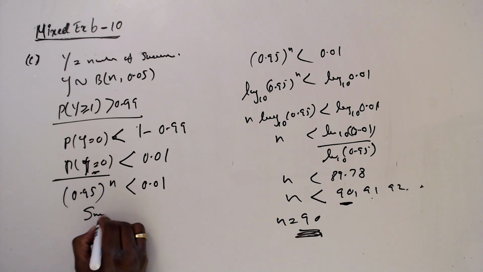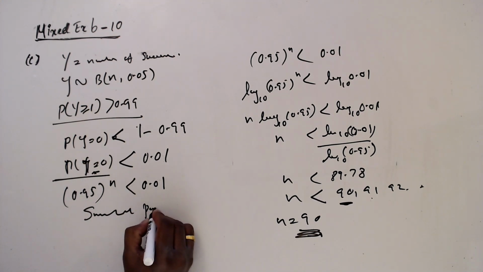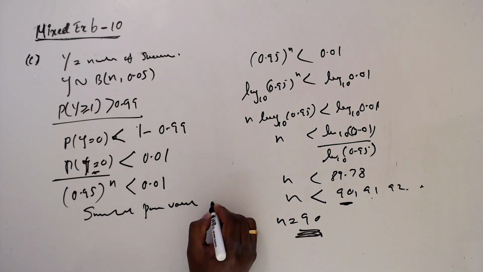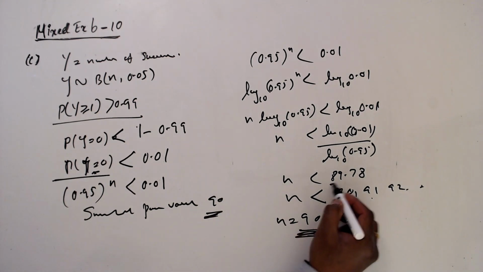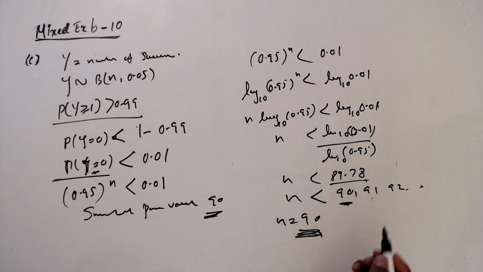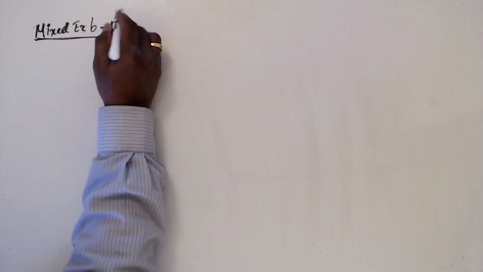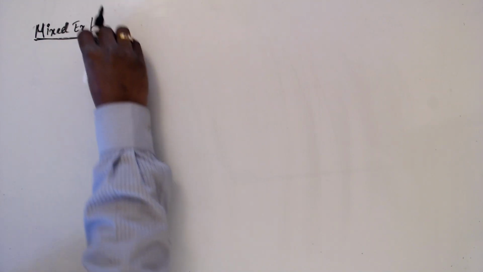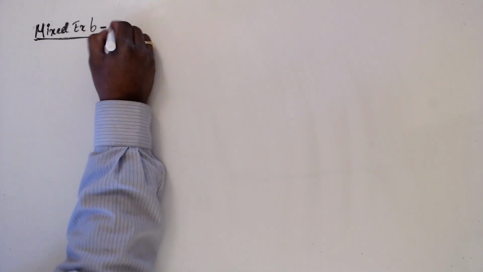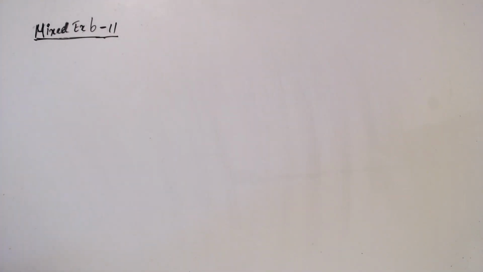So the smallest possible value is 90. 89.7, now round up to 90. The previous sum, it was 9, but it has to be 10.